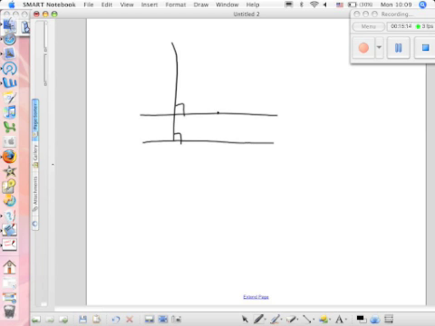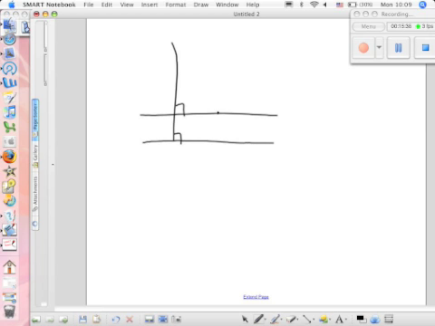If two lines are cut by a transversal and the same side interior angles are complementary, then the lines are sometimes, always, or never parallel? Never.